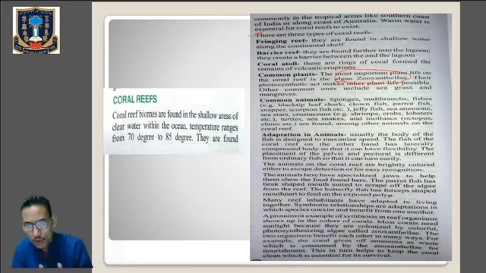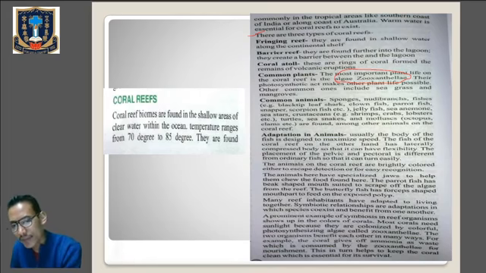That means the zooxanthellae and the corals live together in a symbiotic association where both of them are mutually benefited. The advantage given by the coral to the zooxanthellae algae is ammonia, which is consumed by the zooxanthellae for its nourishment. And in turn this helps to keep the coral clean, which is essential for its survival.